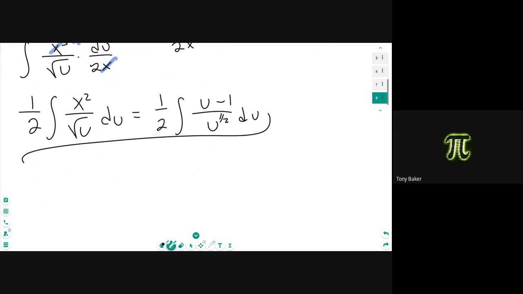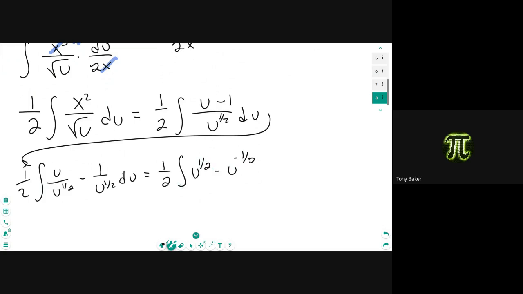So this goes to u over u to the 1/2 minus 1 over u to the 1/2. So I have u to the 1/2 minus u to the negative 1/2. Take care of the negative. Now I can just use my regular rules.